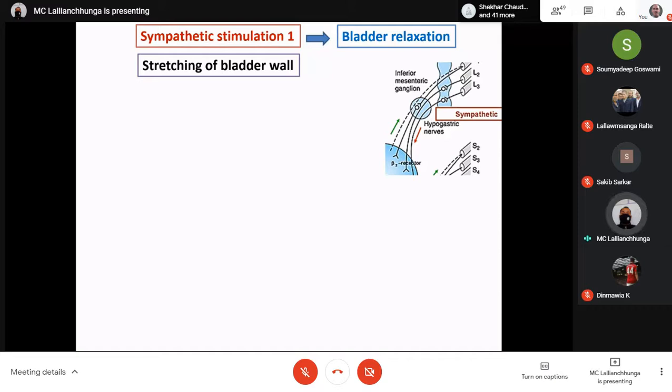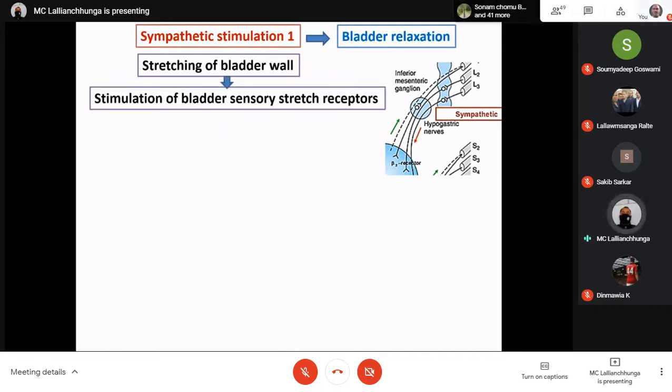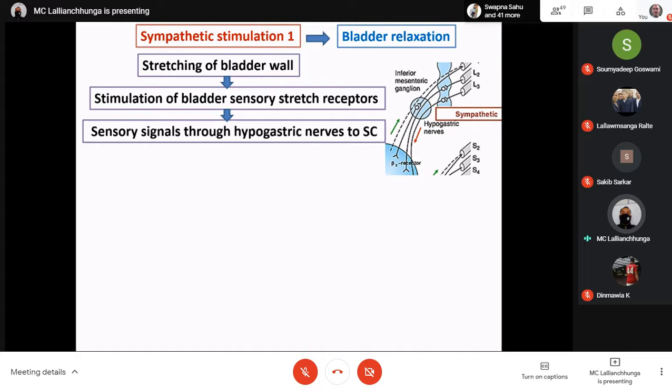So stretching of the bladder wall leads to stimulation of bladder sensory stretch receptors, and sensory signals go through the hypogastric nerves. Here there is stretching of the wall of the urinary bladder.